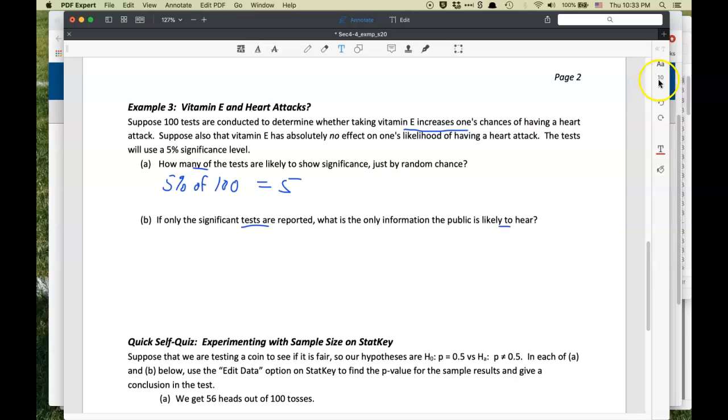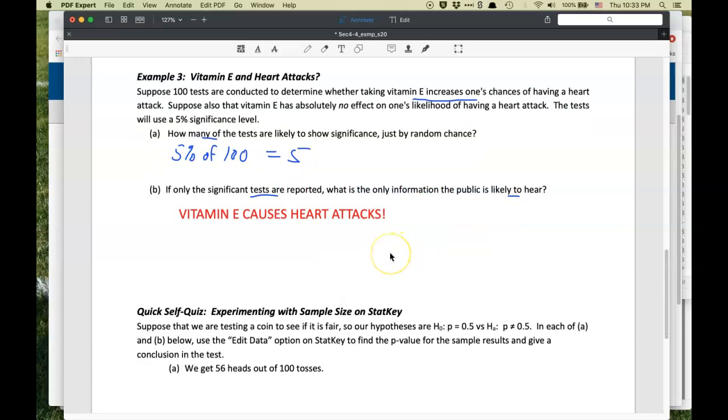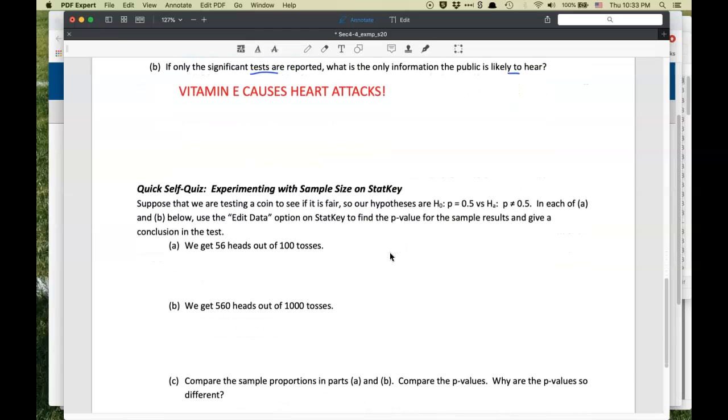So we'd probably get out the large print, and we'd say vitamin E causes heart attacks in all caps, maybe, even though that was just one of the sort of the errors, the type 1 errors. So this is the issue with publication bias. We have to be careful about the studies, and we want to look for a pattern of evidence.